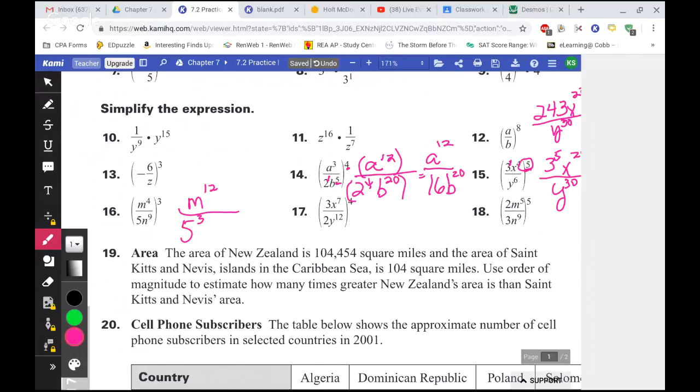And then n, I'm going to multiply that 9 and that 3. So that's going to be n to the 27th power. And so my final answer would be m to the 12th over 125 n to the 27th. And that's as far as you can go because you cannot combine the m and the n.